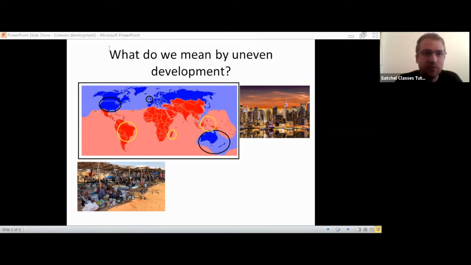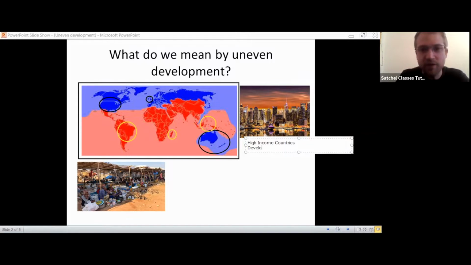So we'll just jot this down so we have it. Typically we'll have high income countries, also known as developed nations, and we would have low income countries, which you can see on the bottom left, also known as developing nations.